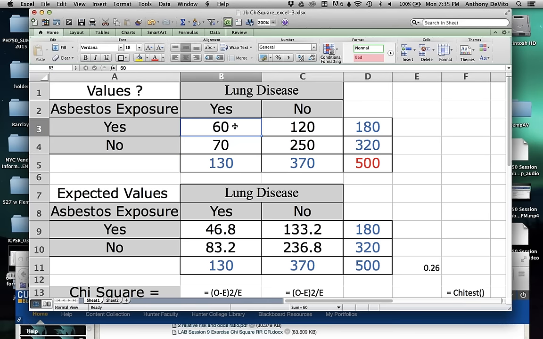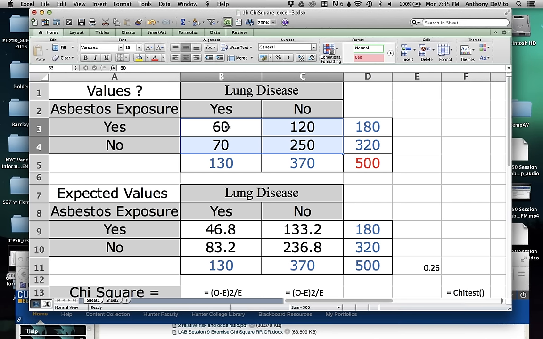So my expectation is that my expected values are going to be the same as my observed values. That's my null hypothesis, that there's no association between asbestos exposure and lung disease. Or in other words, my expected values are equal to my observed values.